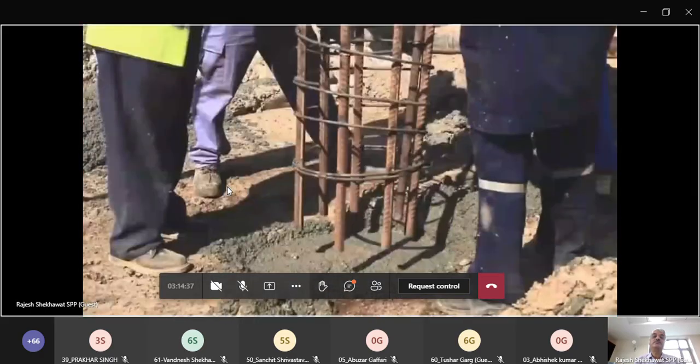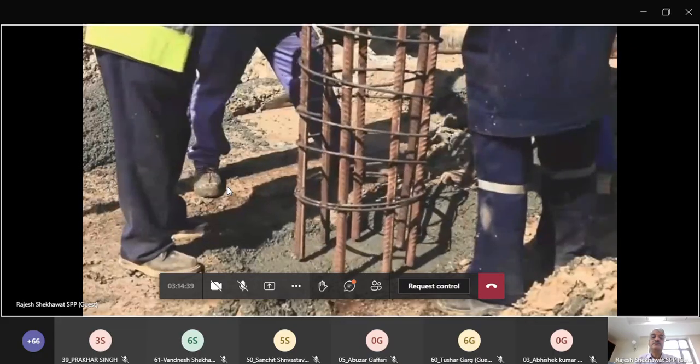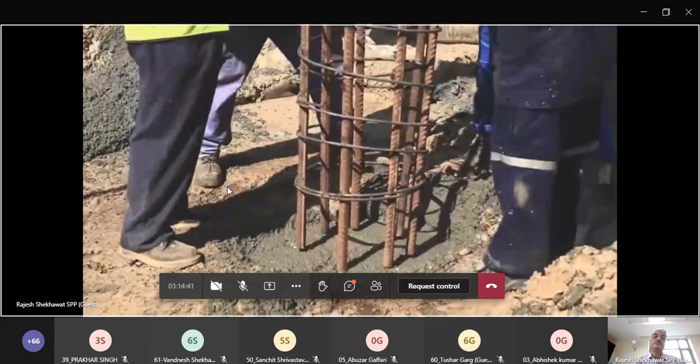Unlike open bored piles, the reinforcement cage is installed after the pile has been concreted.